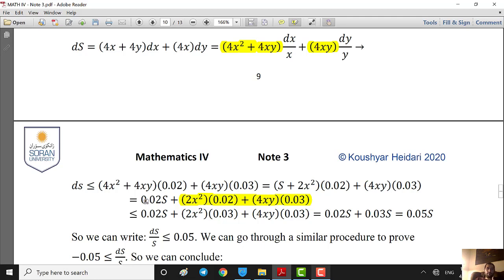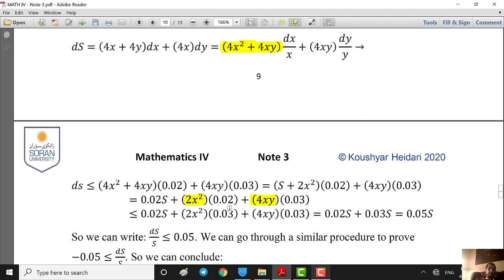Now, how do we do that? We see that here we have 2x squared and here we have 4xy. Here we have 2x squared and here we have 4xy, and their summation is equal to s, but their coefficients are not equal, so we can't factorize the coefficients to reach a summation of these two and hence s.